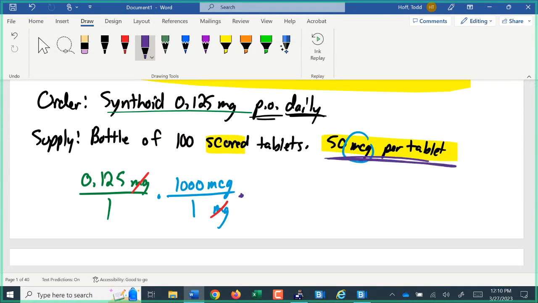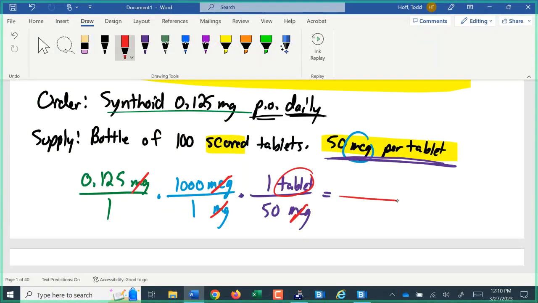So now we can use our equivalency from our bottle, saying there's 50 micrograms in 1 tablet. And so the micrograms cancel out. We're now in tablets, which is what we want to administer to our patient. So that's what we want our final unit to be. So on top, we have 0.125 times 1,000, which is 125, times 1 tablet, so that's going to be 125 tablets.